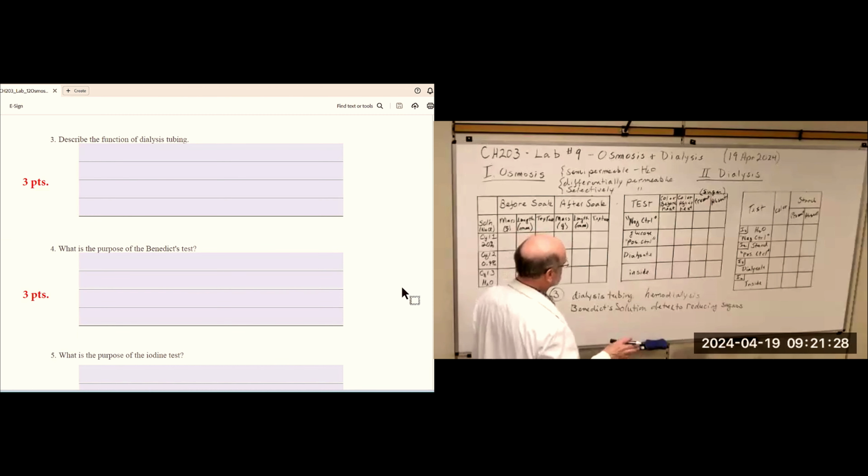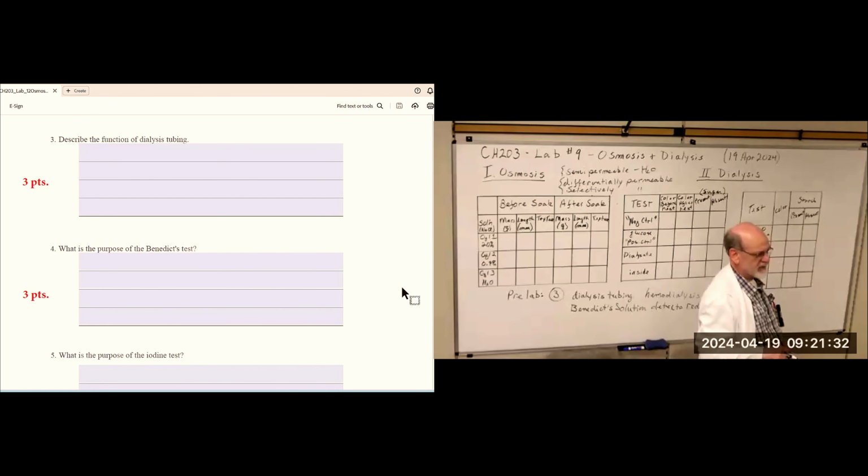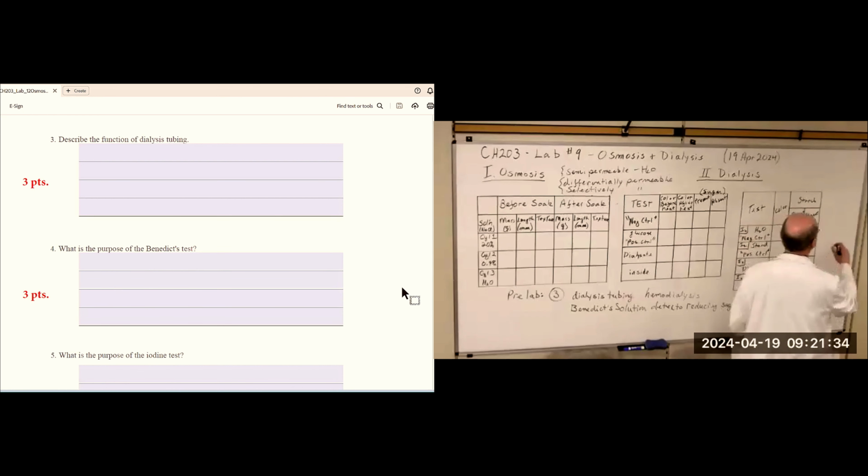Now, what do we mean by reducing sugar? Well, sugars have lots of hydroxyls sticking off of them. They'll have a carbon backbone like this. 1, 2, 3, 4, 5, 6. For glucose and fructose and a lot of the sugars are hexoses. They have 6 carbons, and they'll have hydroxyls off of them.